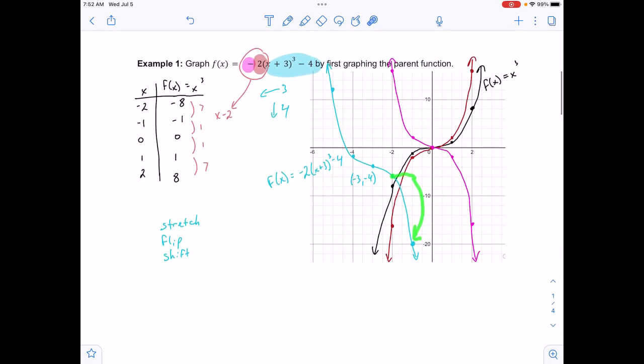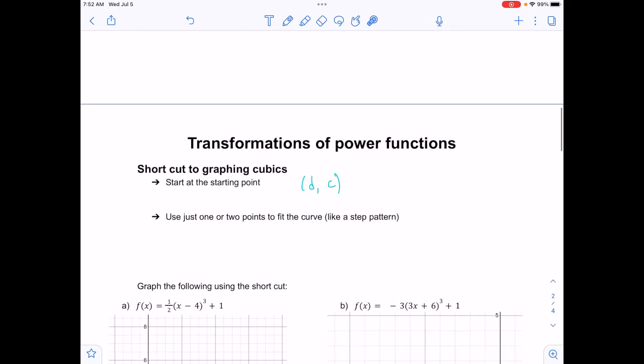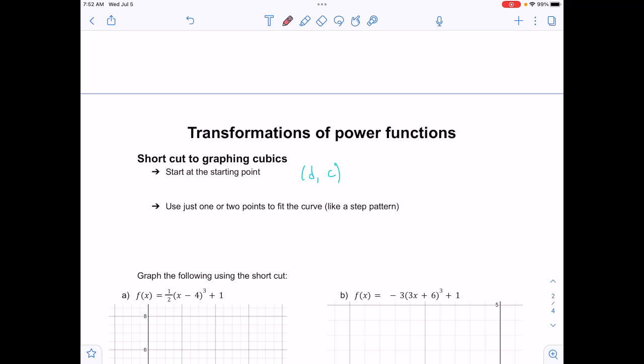So that technique is going to be the technique that we are going to use in order to do sort of a quick sketch of our step pattern, or sorry, of our cubic function. So our step pattern is going to be to the right by 1, up by 1, to the right by 1, up by 7.